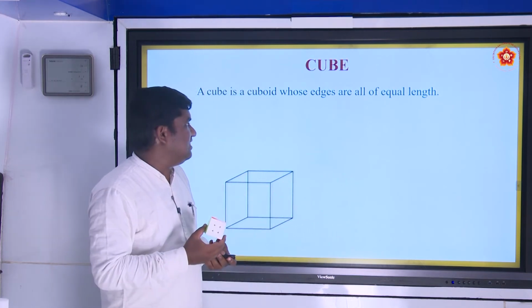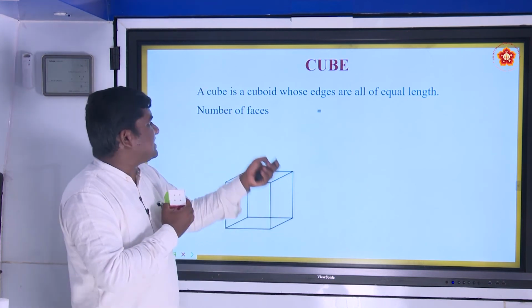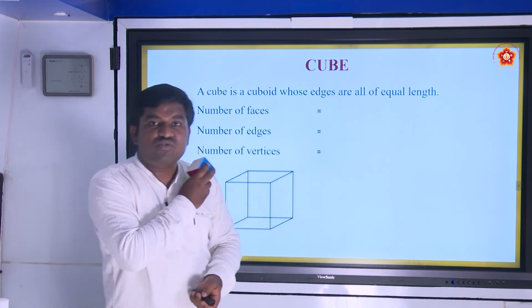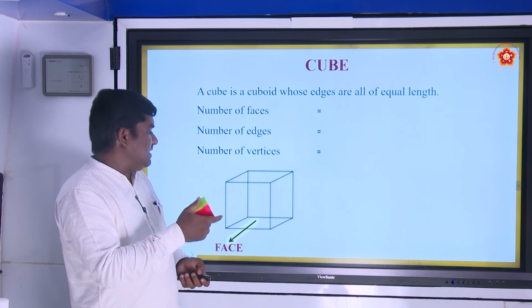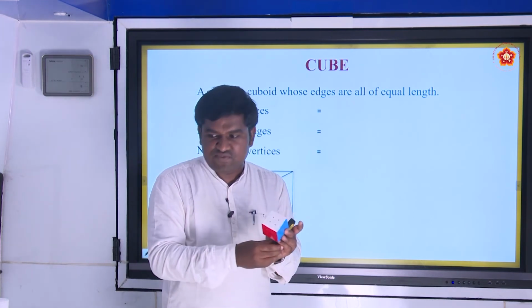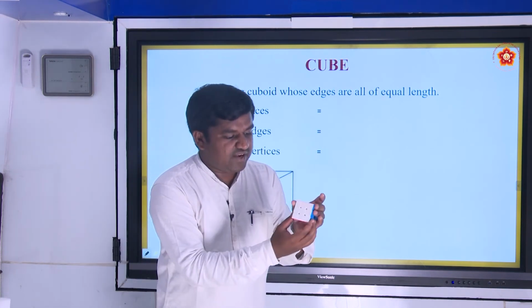Okay. Then see, shall we count the number of faces? How many faces are there? How many edges are there? And how many vertices are there in this cube? Yes, first face. Just we will count. See here, this white face.